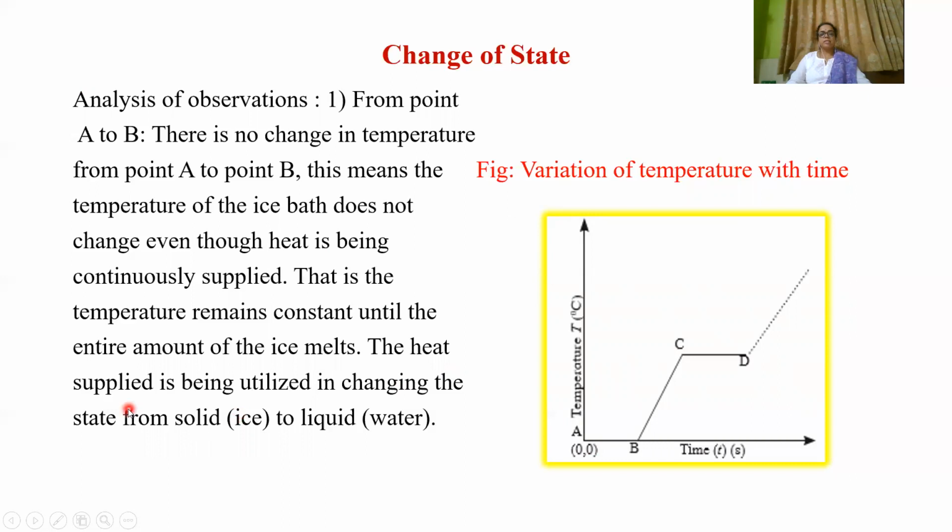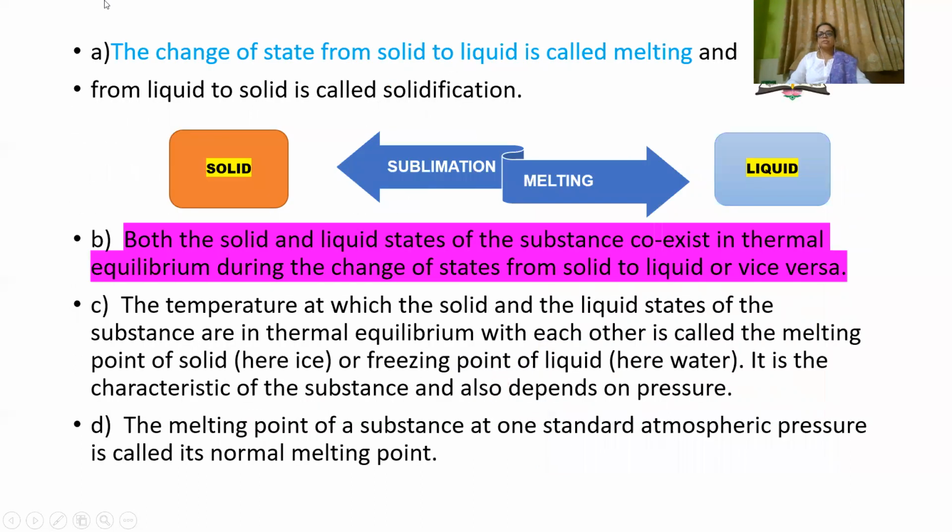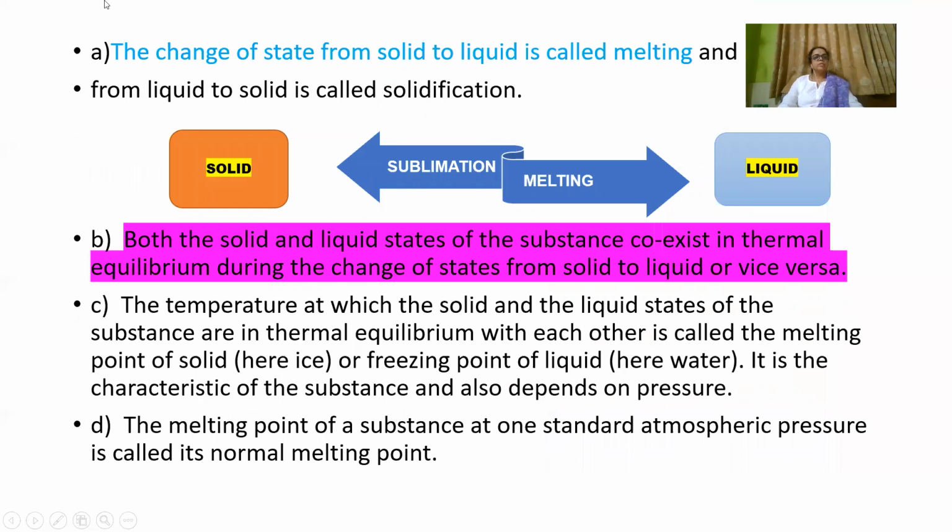The heat supplied is being utilized in changing the state from solid to liquid. The change of state from solid to liquid is called melting, and from liquid to solid is called solidification. Both the solid and liquid states of the substance coexist in thermal equilibrium.